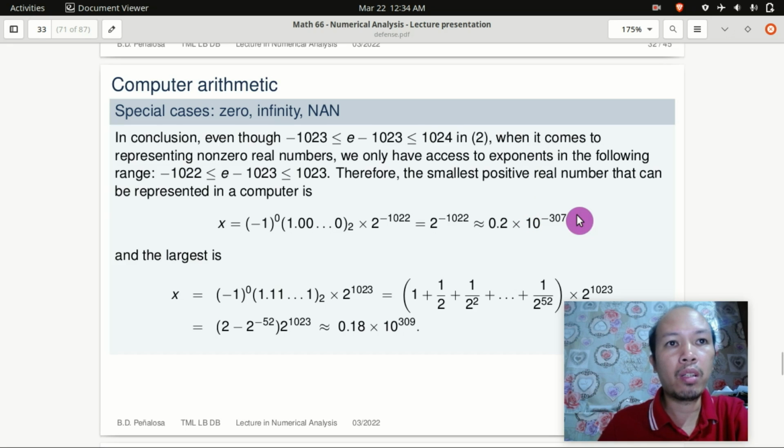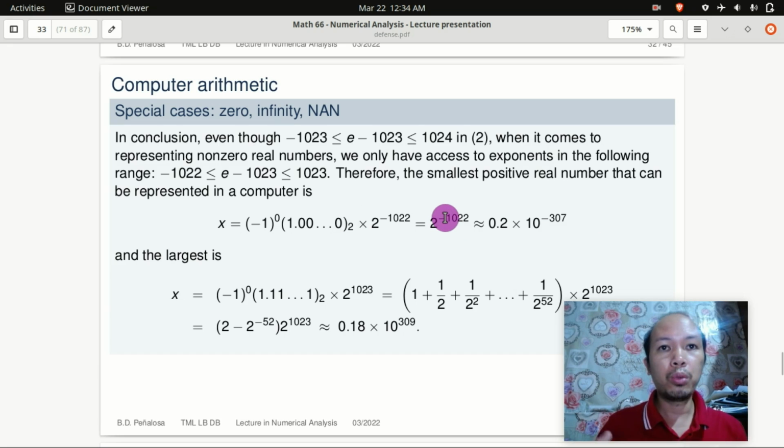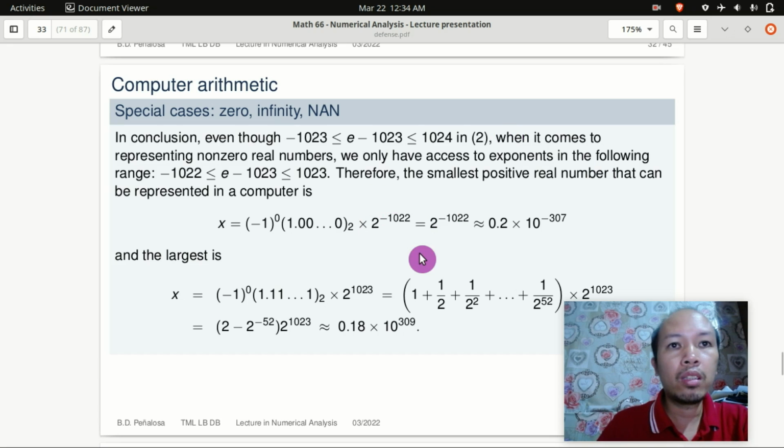And I also forgot to discuss why this number here, 2 to the negative 1022, is equivalent to this form. Anyway, let's discuss these very important facts.